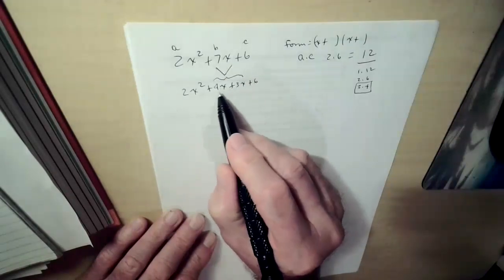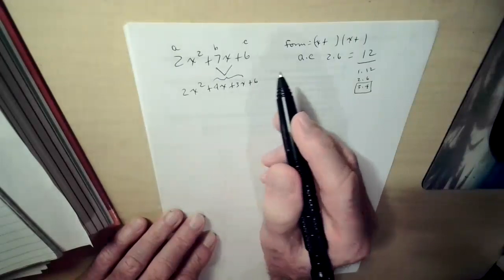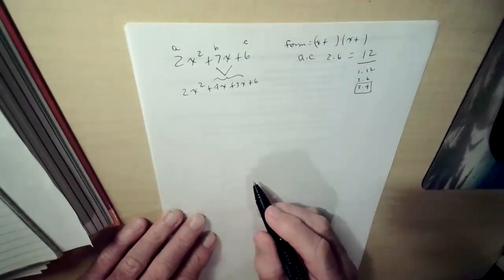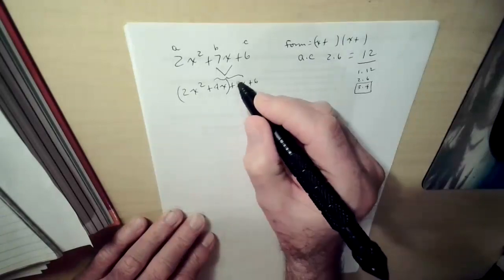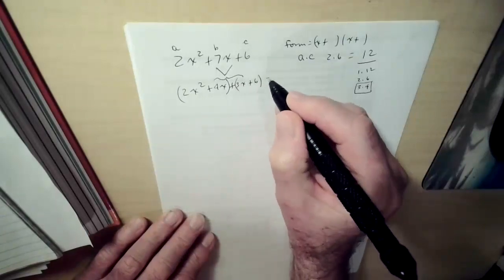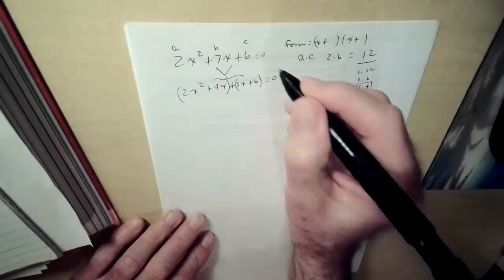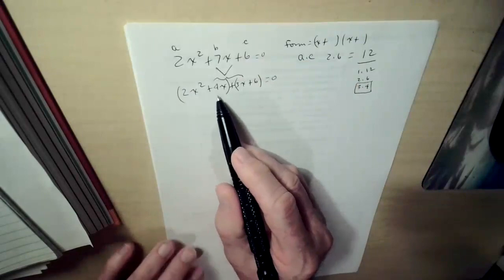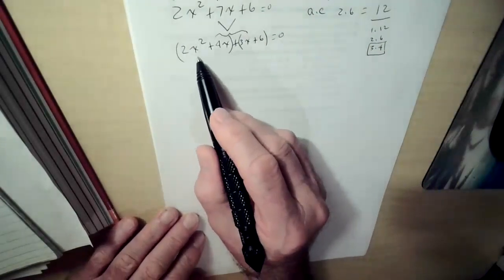We're just splitting this up into these two terms. Right with me? Now we're going to group them together, this one and this one, and of course equals 0.